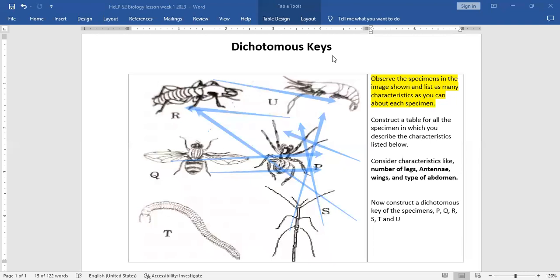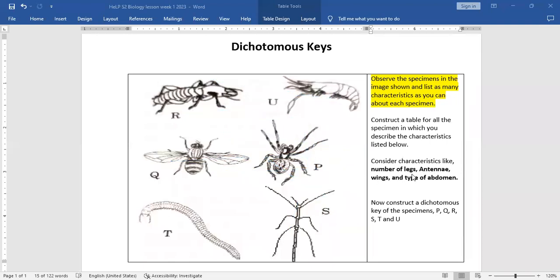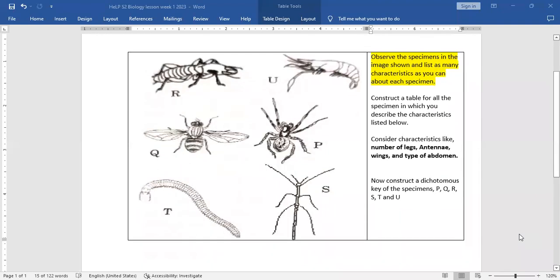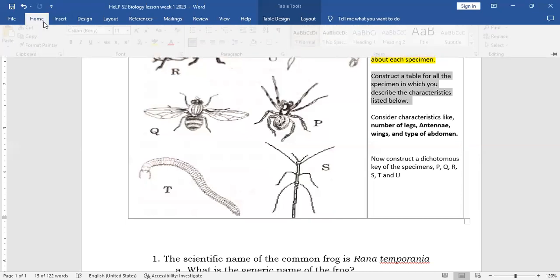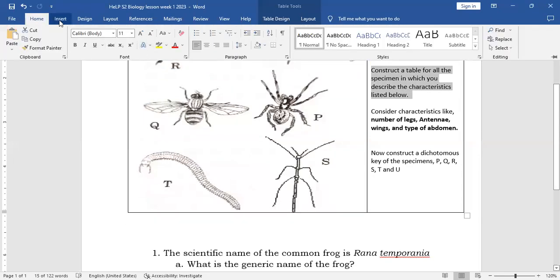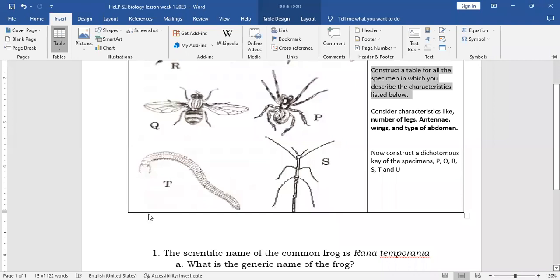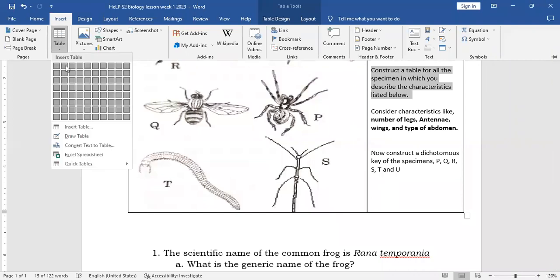You managed to write many characteristics, but we have picked out only these ones, which I have highlighted. So this is the format. I'm going to scroll down and we construct the table together. Is that okay? So can we draw the table in our books? We'll construct it here.